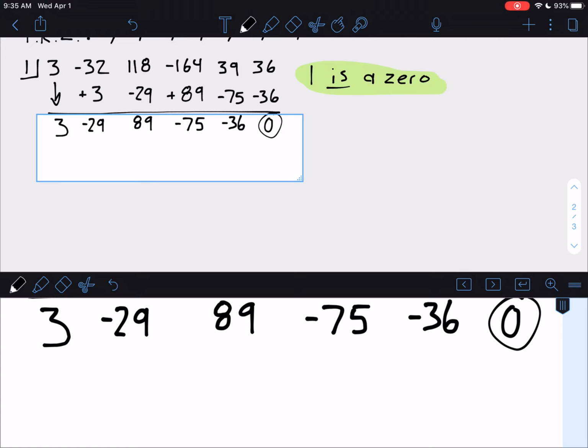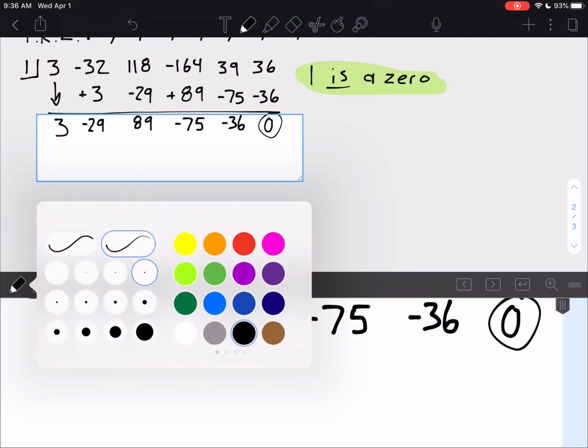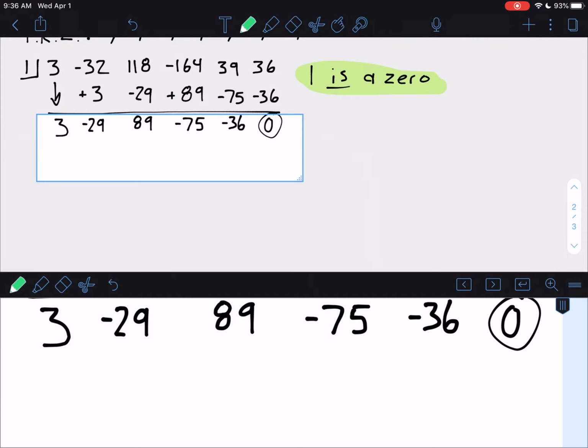All right, so now I'm going to make a new polynomial that has these coefficients. Instead of those big numbers like the 118 and the negative 164, 89 and negative 75 are still big numbers, but not as big.